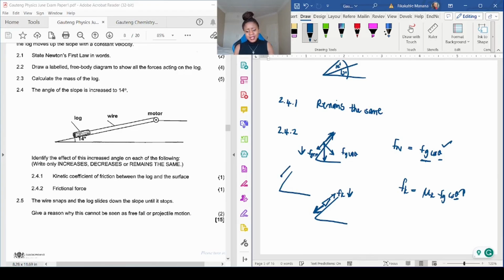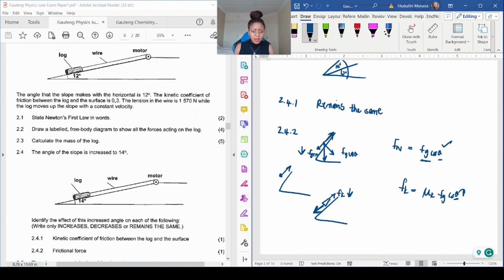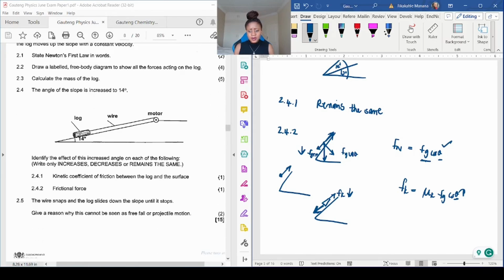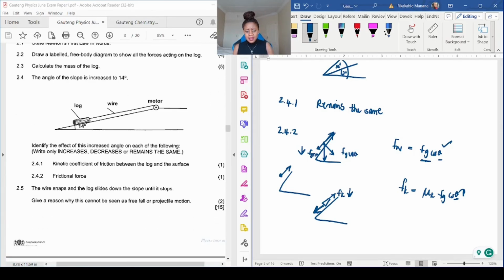Okay, but with this tension force, let's see. So you have tension, and that tension remains as is, doesn't it? Yeah, it remains as 1570. And this friction force should increase because your angle has increased. Okay, I'm at war with this question.